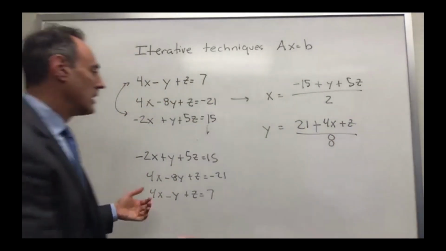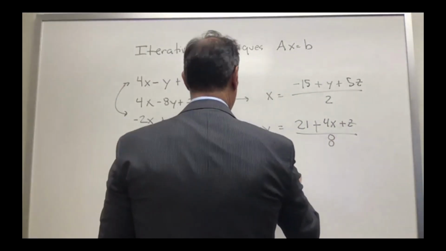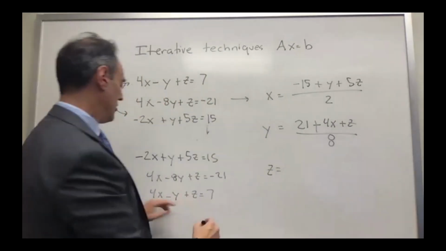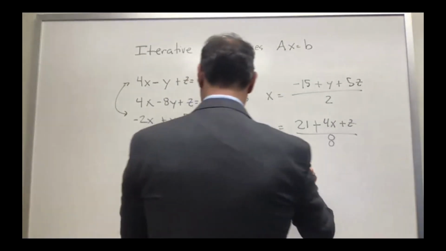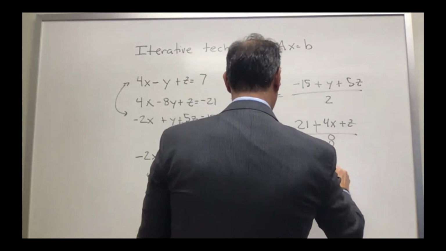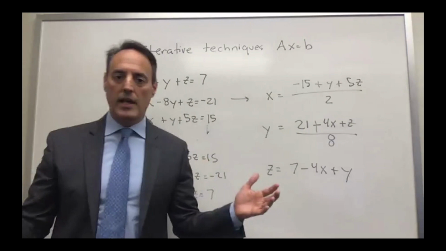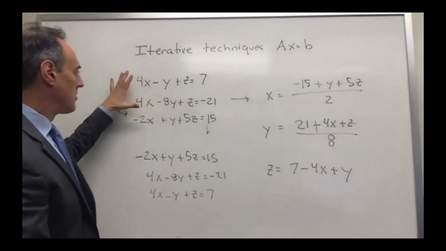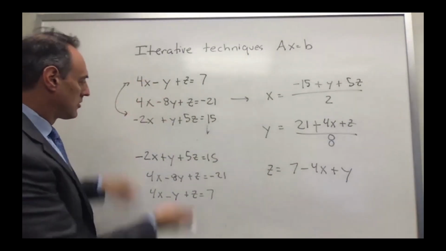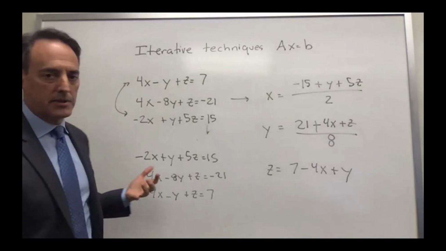Finally, from the third one, z is equal to, I can just move everything over: 7 minus 4x plus y. Everybody agree? All we did was solve for x, y, z after I just changed rows.